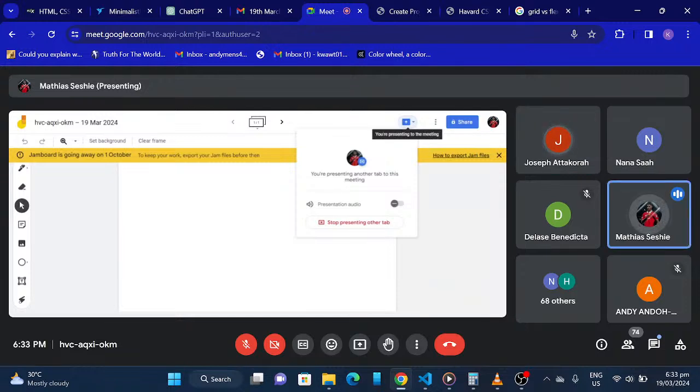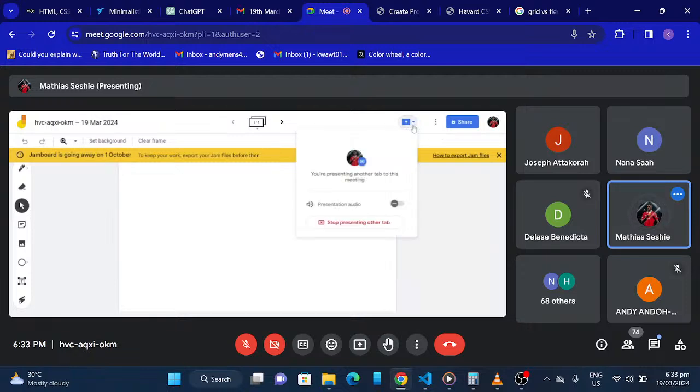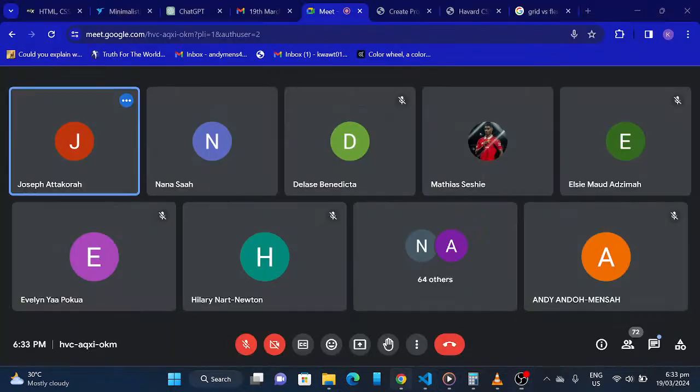There's a share, and then just 3 buttons, and then the Google Meet sign to the left. When you click on it, I think it presents this tab and then something else. I've seen a Jamboard home.